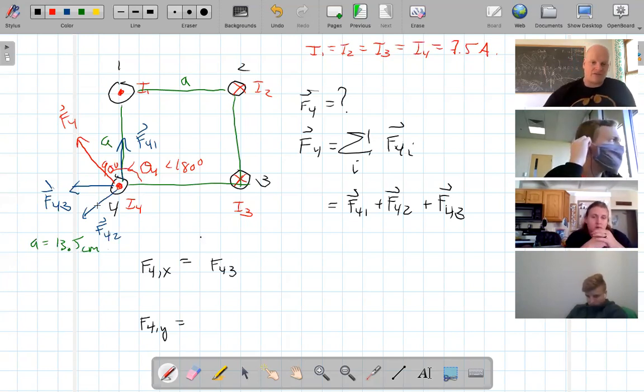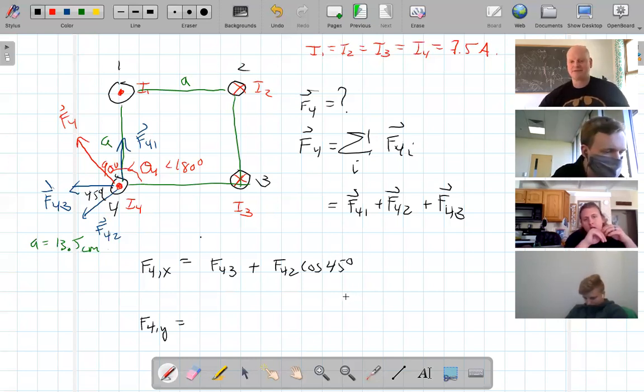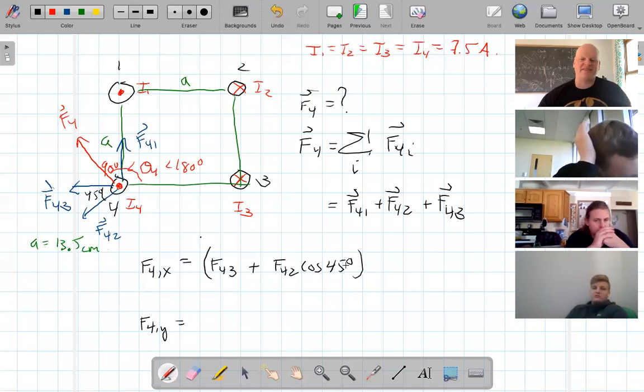And then from the force on 4/2, we have just the cosine component because this is simply equal to 45 degrees. So this is going to be plus force on 4/2 times cosine of 45 degrees. Here I'm dropping the negative sign because I'm writing a component. I'll put the negative sign in there as well. That's going to be a negative.